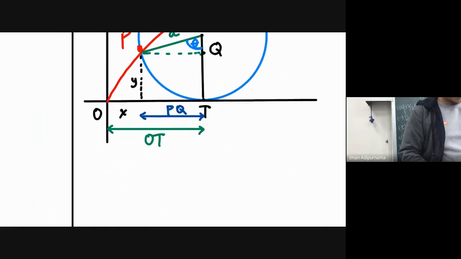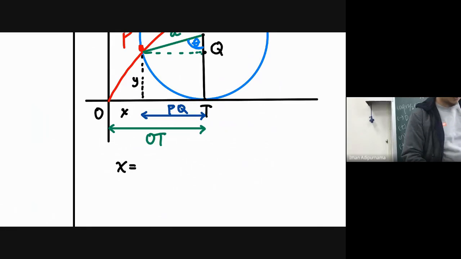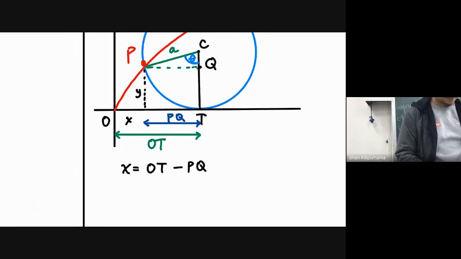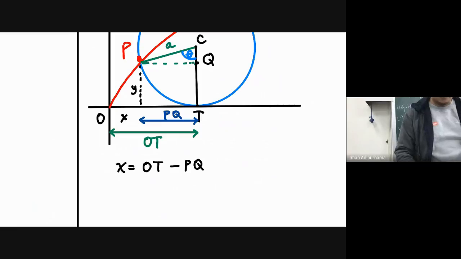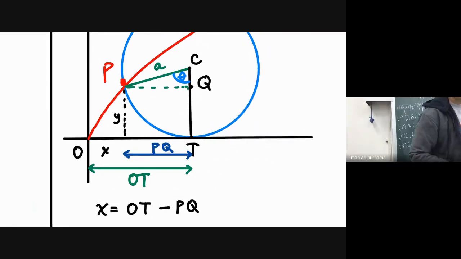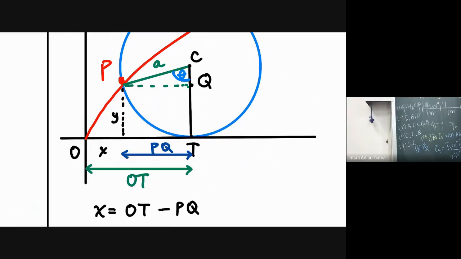So X is OT minus PQ. Okay. See X here. So OT is this, the radius, and this is the angle, right?